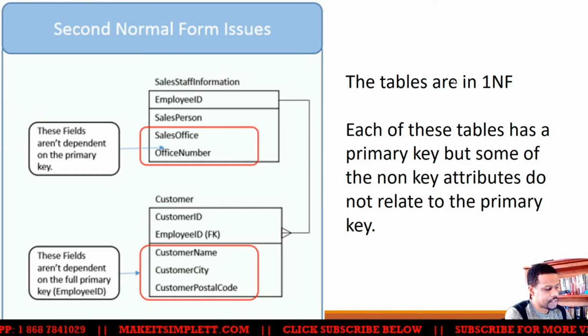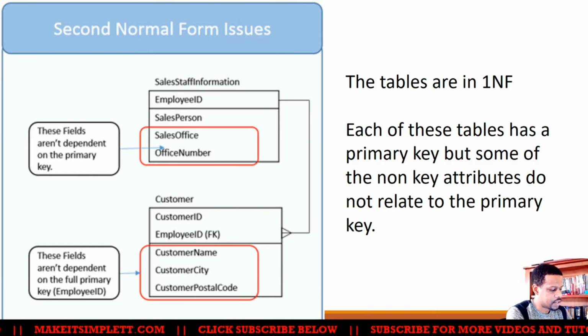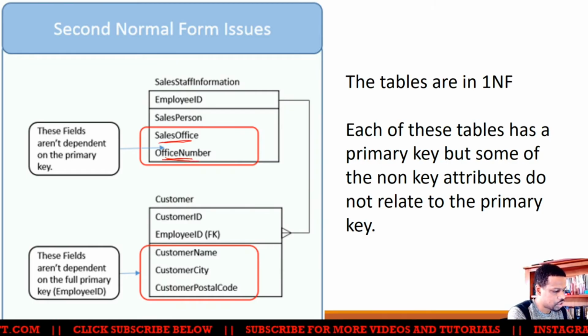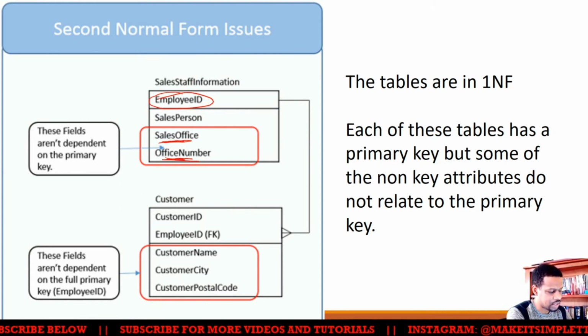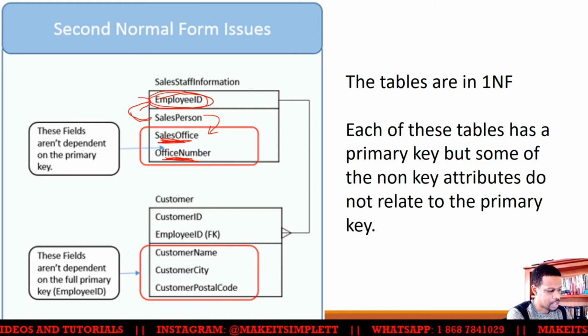If we were to get this into second normal form, we'll have to ask the question, are these fields, sales office and office number, related to the employee ID? Sales office and office number actually relate to the salesperson. So therefore, these two fields don't relate to the primary key. The only thing that relates to the primary key here is salesperson. So that's a problem there.